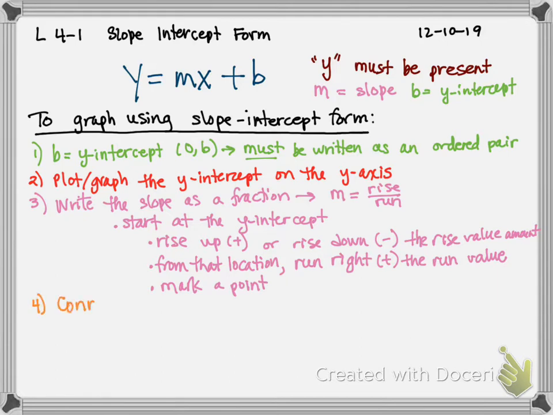So you're going to connect the points and make sure you extend beyond the points and add arrow caps so that I see it's a line, not a segment. And when you're ready, you're going to be getting those little graphs out because we're going to be graphing on them. Now I'm going to switch to my next page.